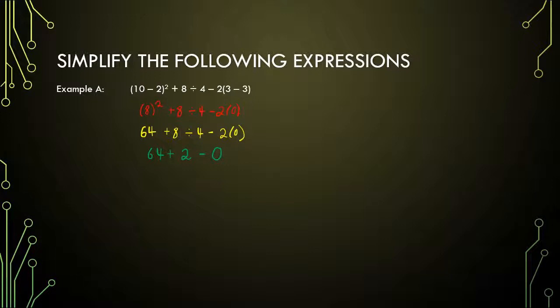After multiplication and division, we have addition and subtraction left to right. So 64 plus 2 gives us 66. And 66 minus 0 is equal to 66. Meaning our simplified form for this expression is 66.